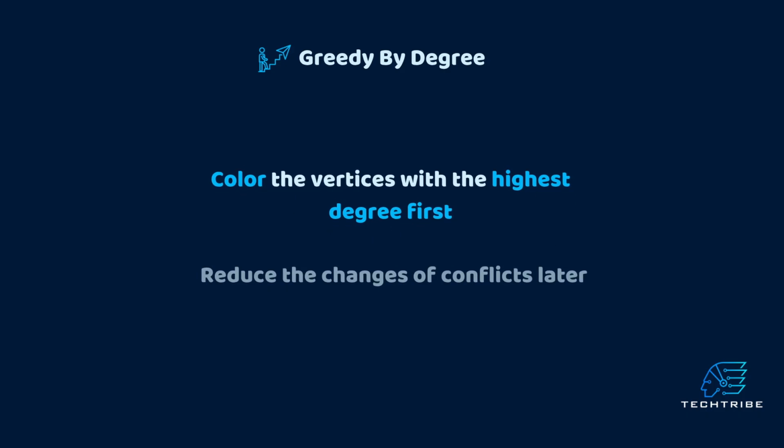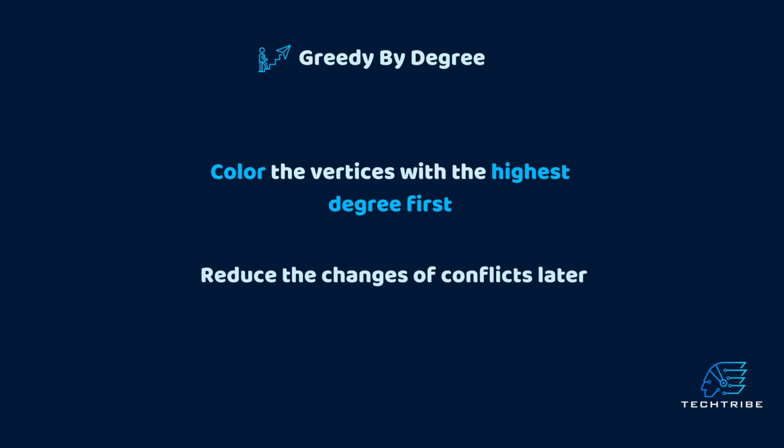Because highly connected vertices are the most restrictive when it comes to choosing colors. If we color them early, we reduce the chances of conflicts later on, which usually means fewer wasted colors overall. We increase our probability of getting the optimal solution.